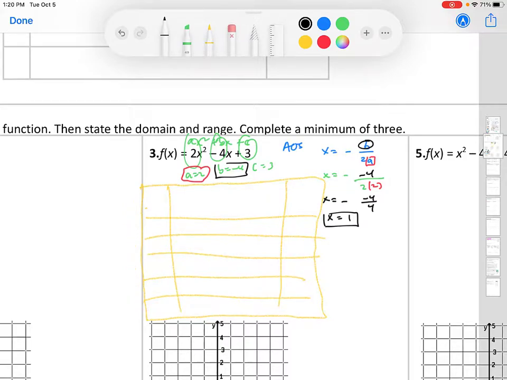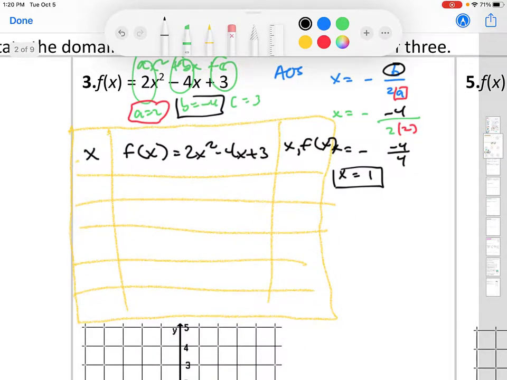Okay, so I have my x. I have my formula, or my function here. And then the ordered pair. Okay, put your finger on where the x equals 1 goes. It's going to go into this box right here. Why this box? It is the middle of your points.